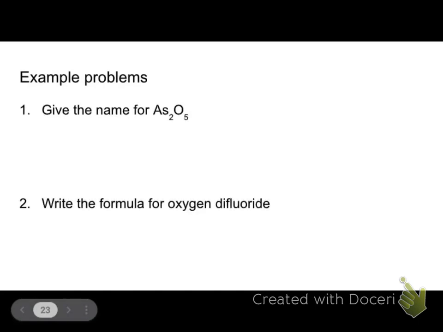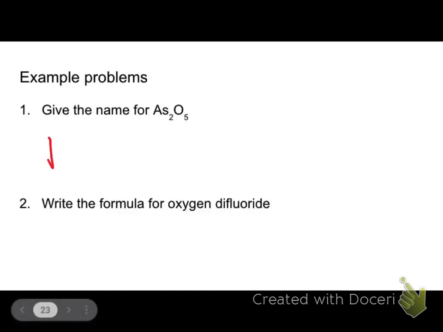Okay, now you can give the example problems a shot, writing out the names for these and the formulas. So if we look at this first one here, we have arsenic and oxygen. There are 2 atoms of arsenic, which means we need a prefix, and the prefix we're going to use is di. Diarsenic.